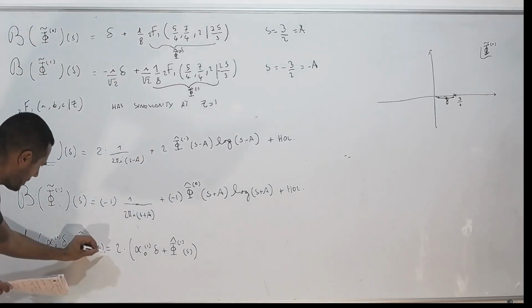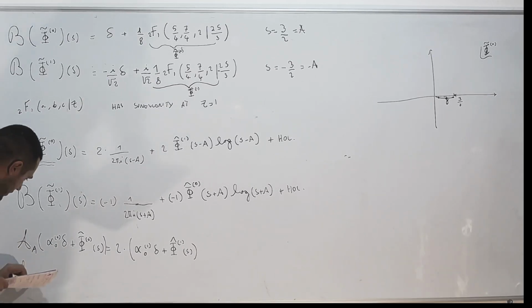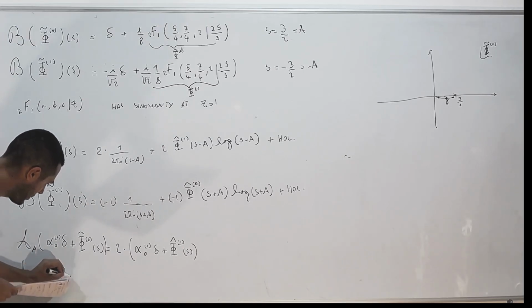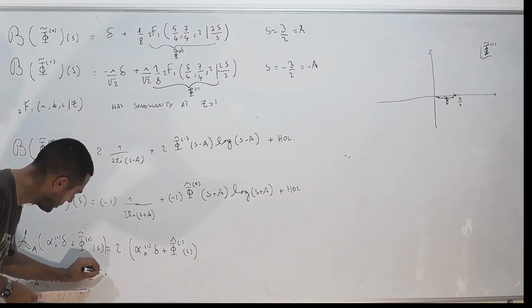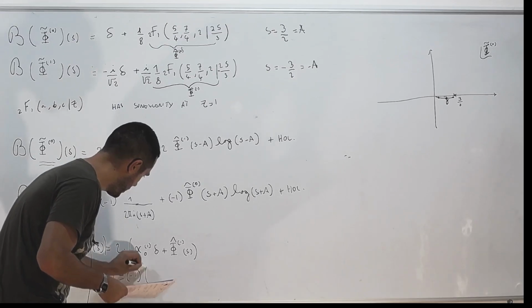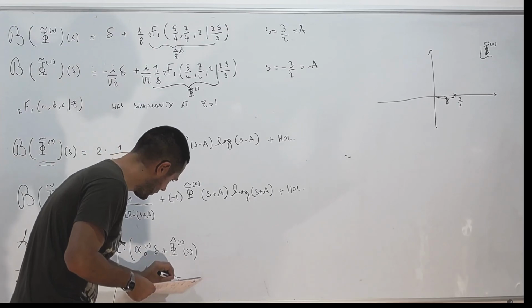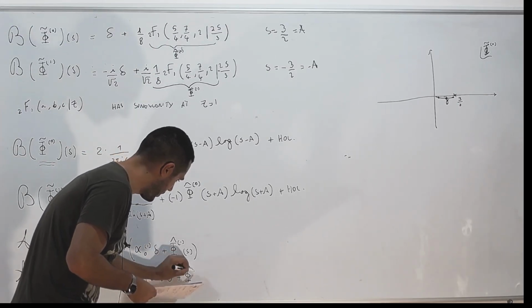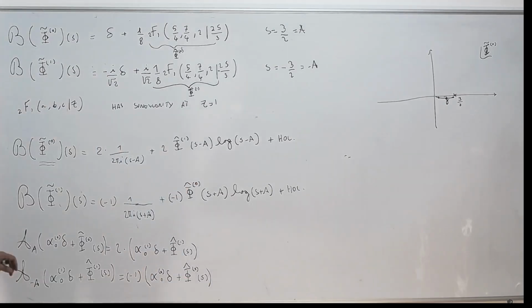And the alien operator acting at minus A of the non-perturbative sector is minus 1 times the perturbative sector.